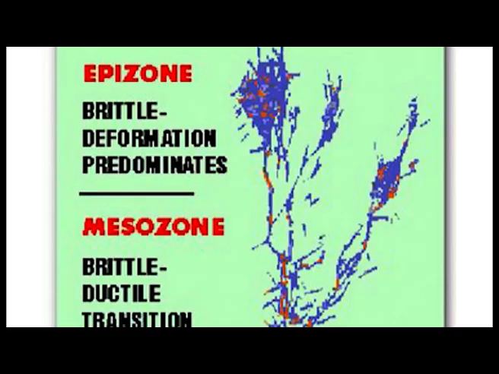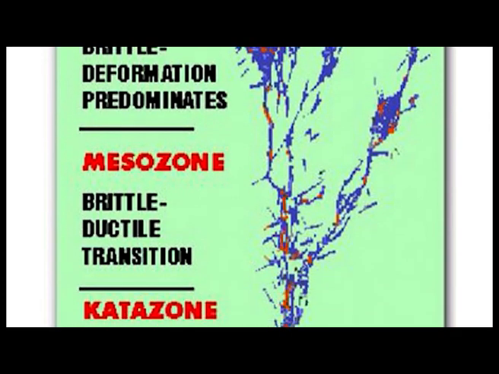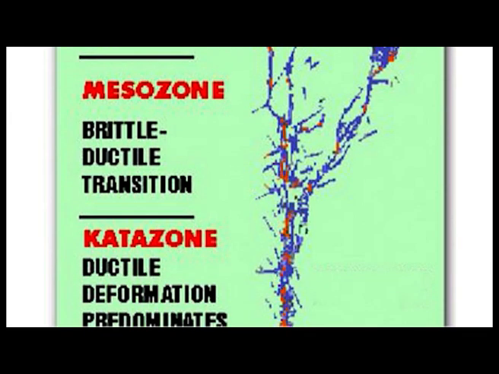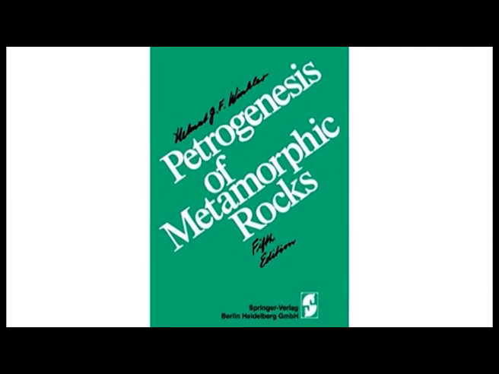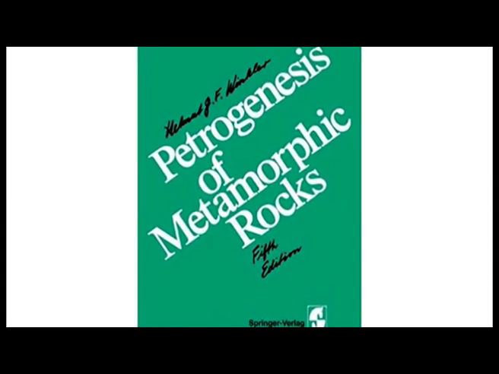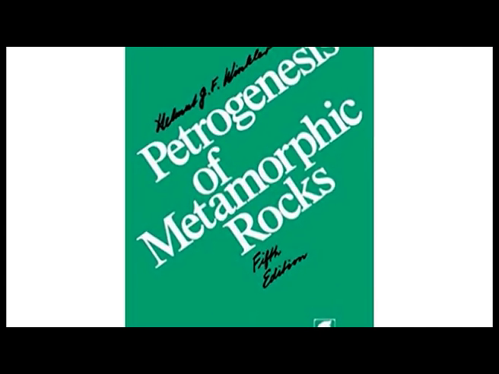Grubenmann and Niggli in 1924 established three zones, epizone, mesozone and catazone, which are equivalent to low, medium and high grade of Winkler 1979. Goldschmidt introduced the phase rule to geology in 1911, known as the mineralogical phase rule.